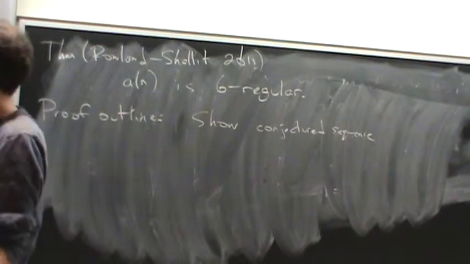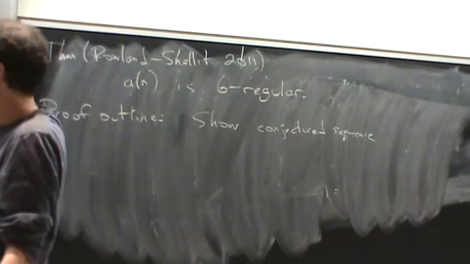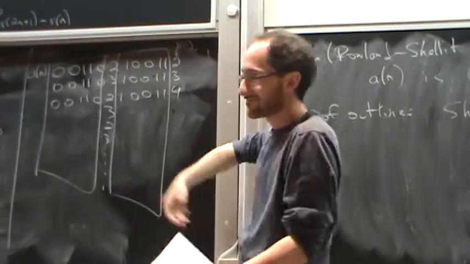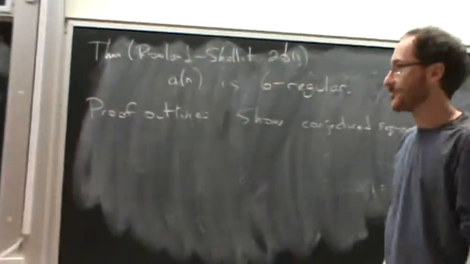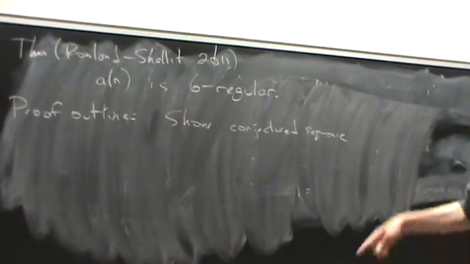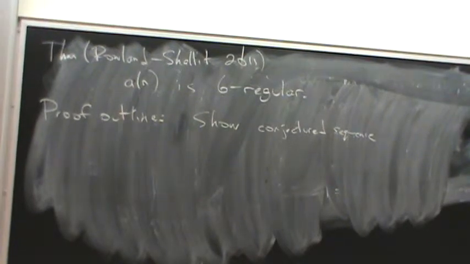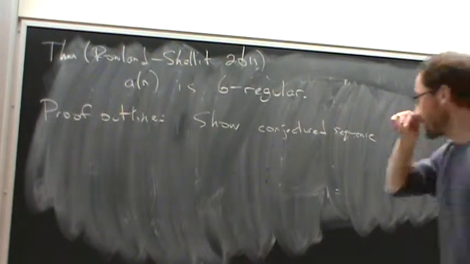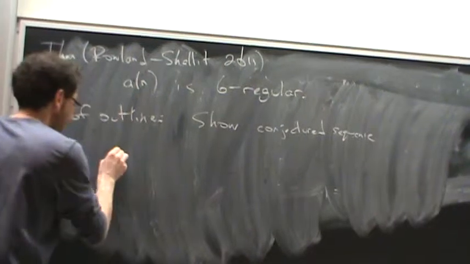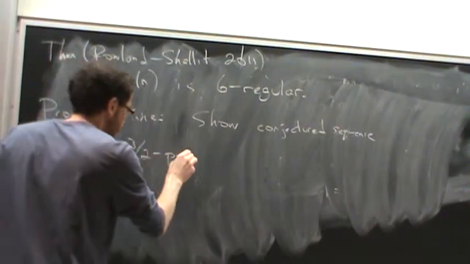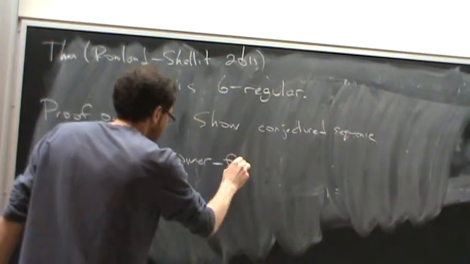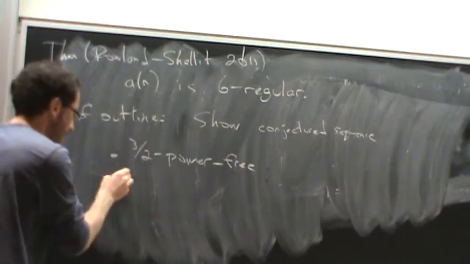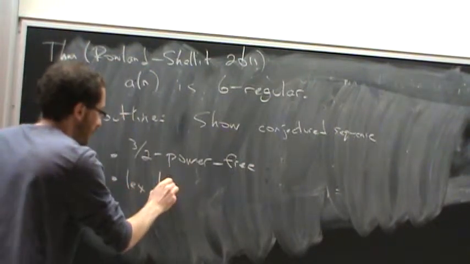So what we did was generate the first few thousand terms or more, I don't remember, and then guessed it. So we want to show that the conjectured sequence is 3/2 power free, and also is the lexicographically least such sequence.